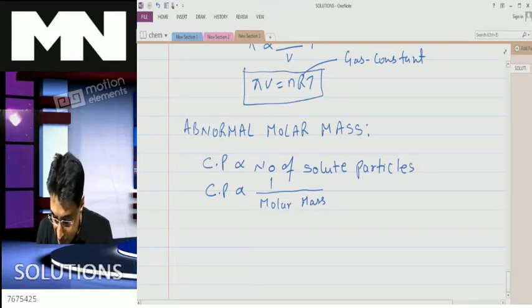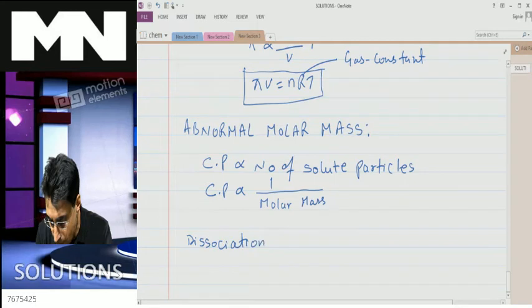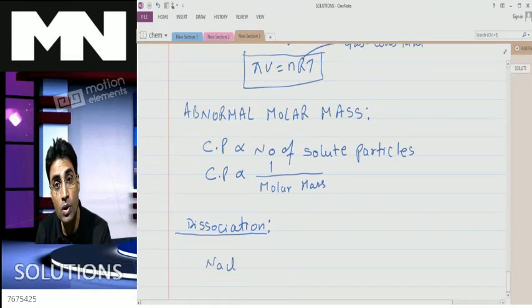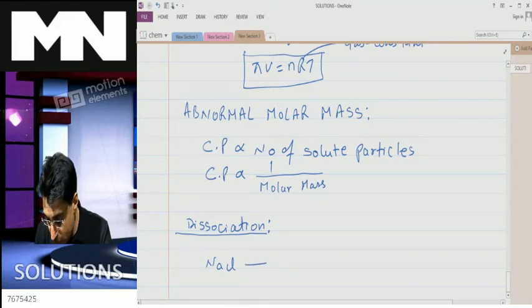We'll start with dissociation. Suppose I'm talking about sodium chloride. Suppose I have taken 1 mole of sodium chloride in a solution. On dissolving in the solvent, it will break up into Na positive and Cl negative.